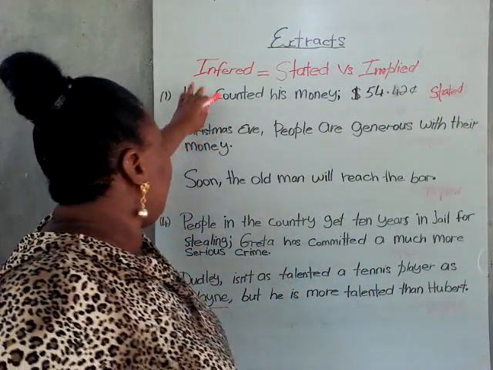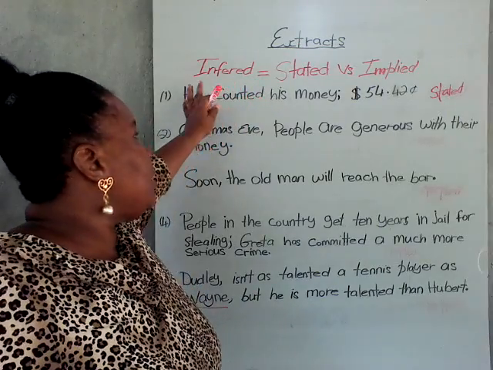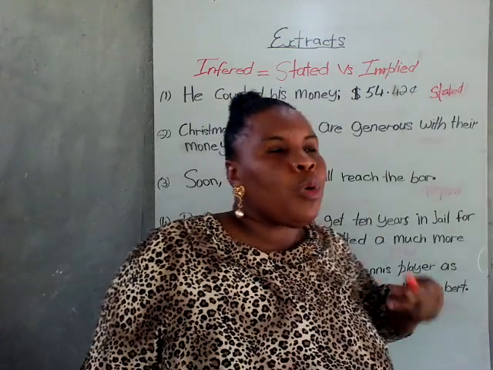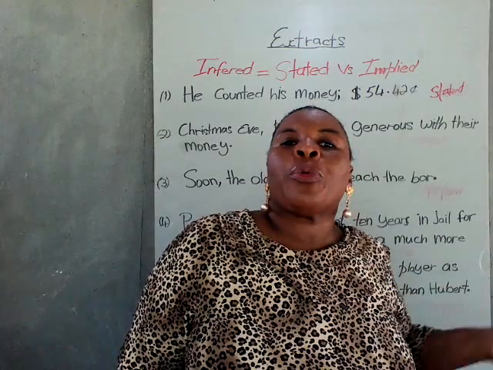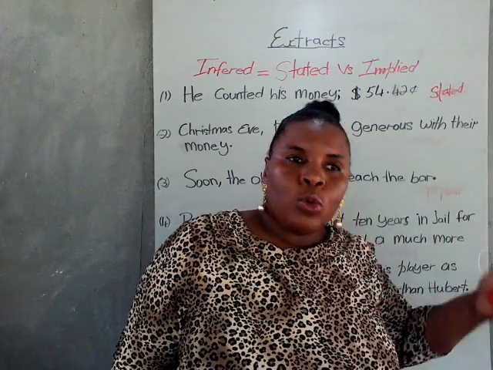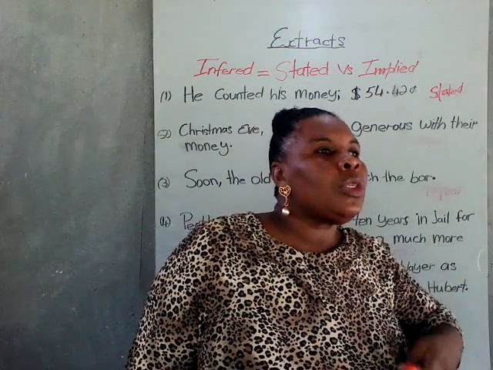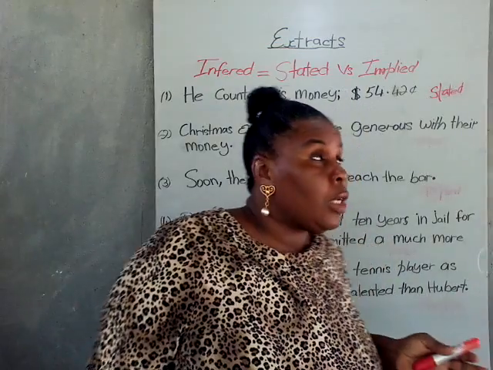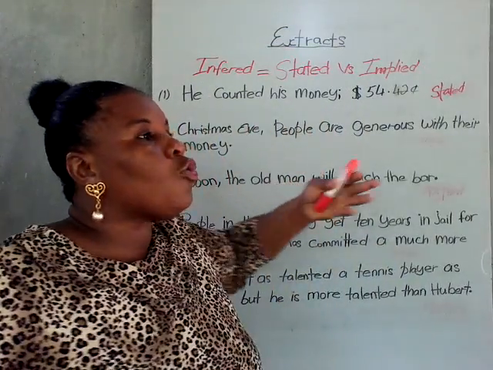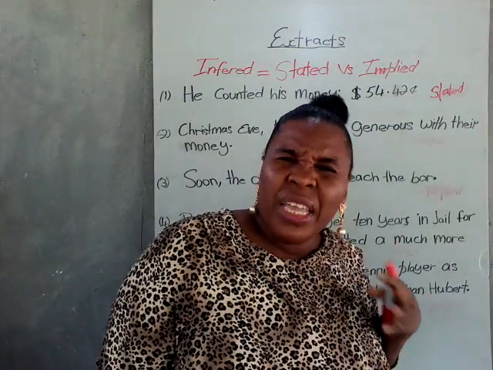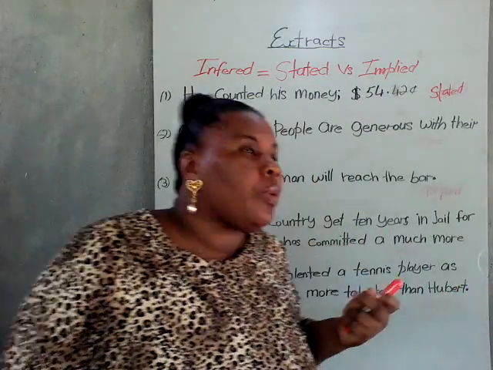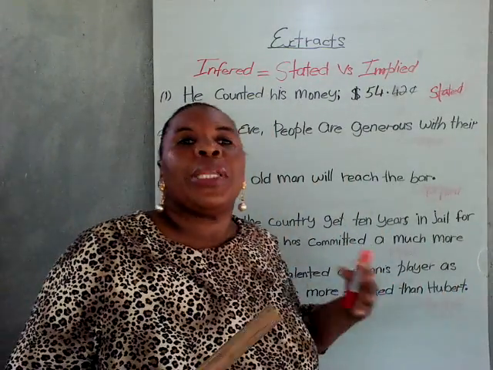First, inferred. Inferred is the process of drawing information that is already there to make a conclusion from a statement that is already written. So that is what infer means. To draw a conclusion, not information but a conclusion, from whatever is already written.